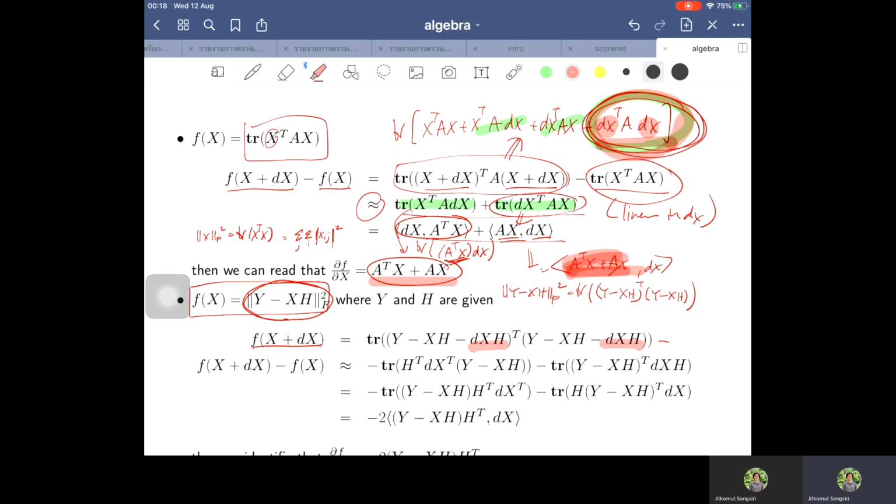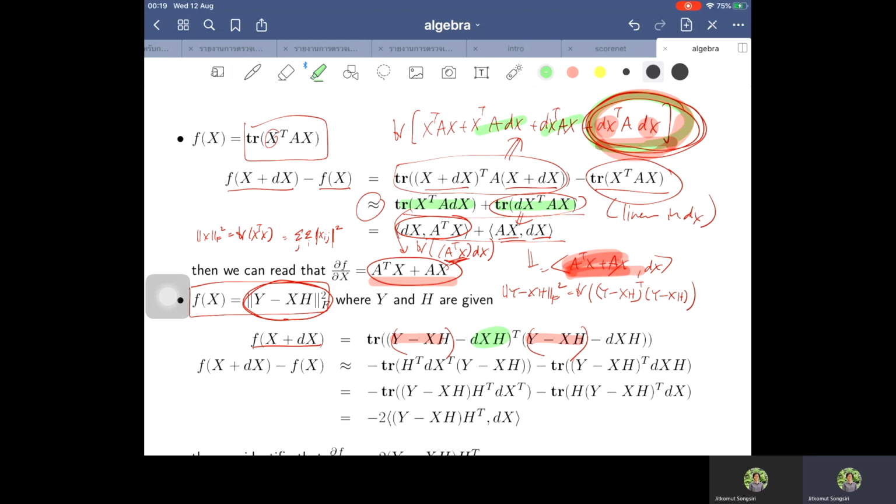Now I would like you to take a look at this term and expand the whole thing. How about we make a grouping? If you multiply this with this and then take the trace, it's actually f(x). Now you just consider the linear terms in dx.